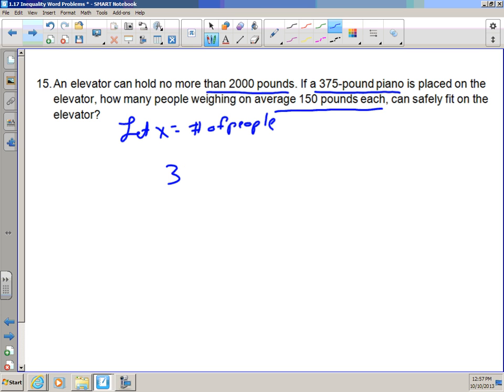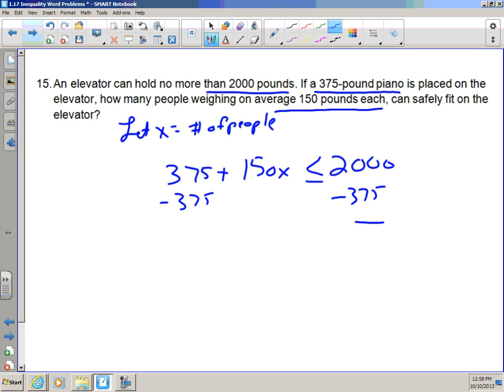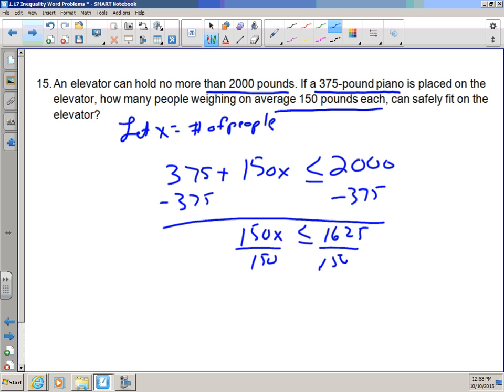I have 375 plus 150x is less than or equal to 2,000. I subtract 375. 150x is less than or equal to 1,625. Divide by 150. And again, I get a decimal of 10.8 with the 3 repeating.